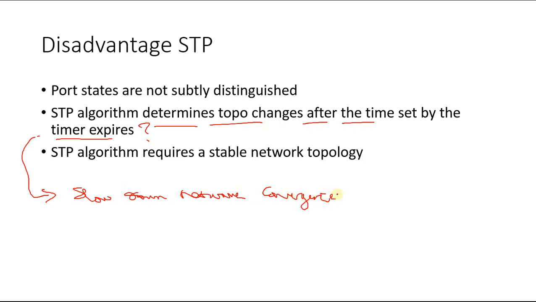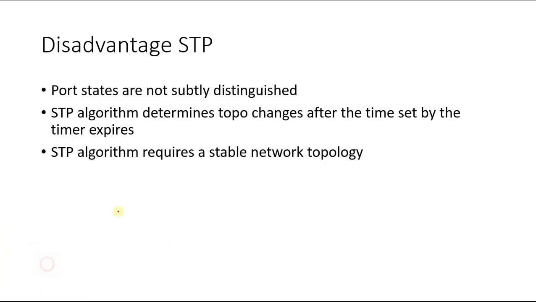Okay, and the next, the STP algorithm requires a stable network topology. What does this mean? After the root bridge sends a configuration BPDU, other devices process the configuration BPDU so that the configuration BPDUs are advertised to the entire network.